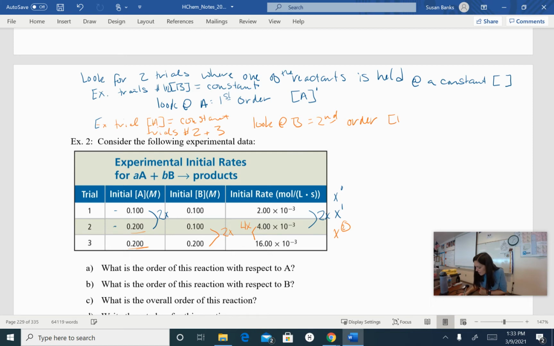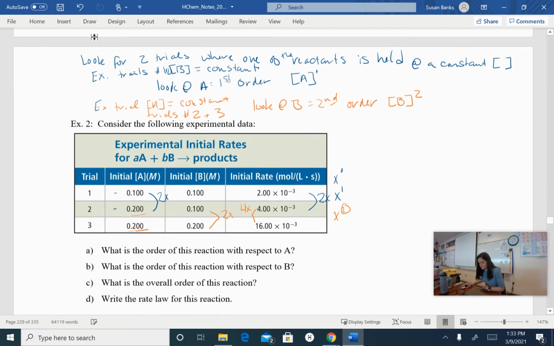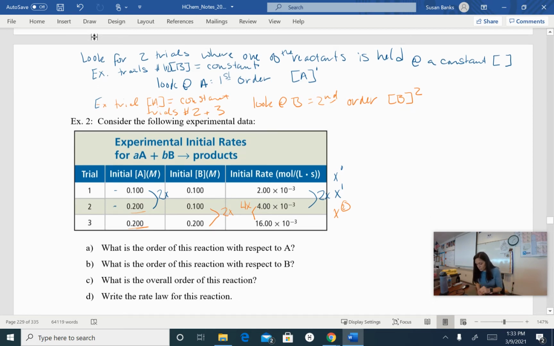That means that our concentration of B, when we write the rate law, is going to have an exponent of 2. Okay? So let's look at these questions. Question A, what is the order of this reaction with respect to A? We saw that it was linear, so our order with respect to A is 1.